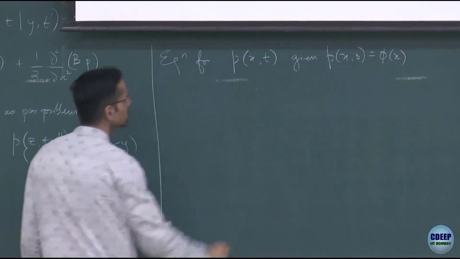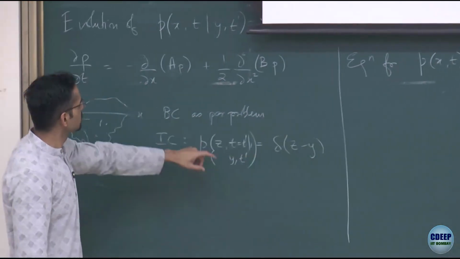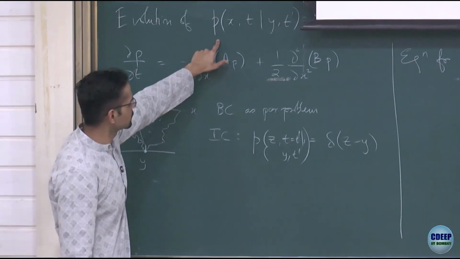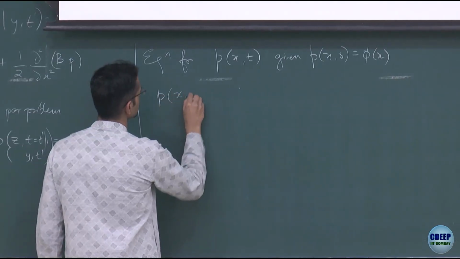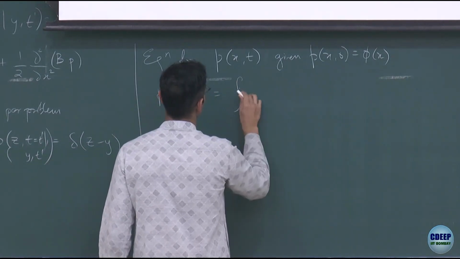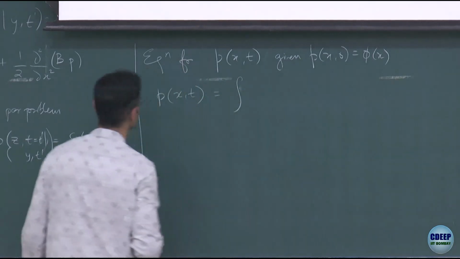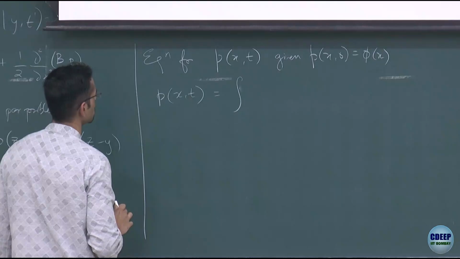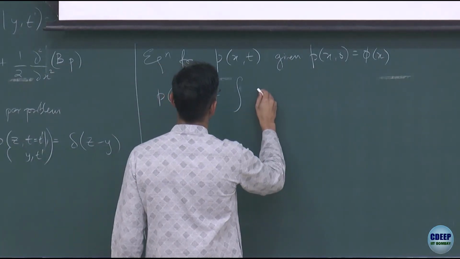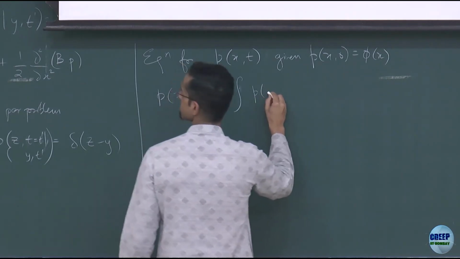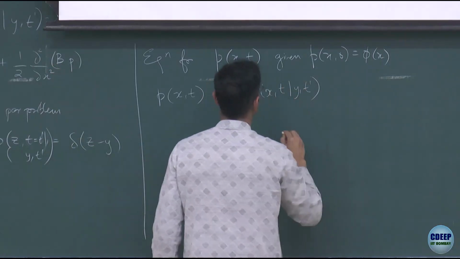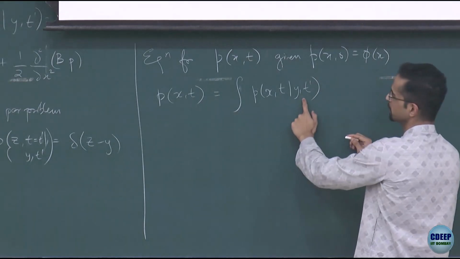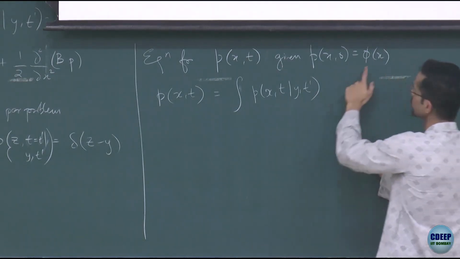is to write my solution P in terms of this, right? So I know how it will evolve given a y, and then I know what all y's I also have.